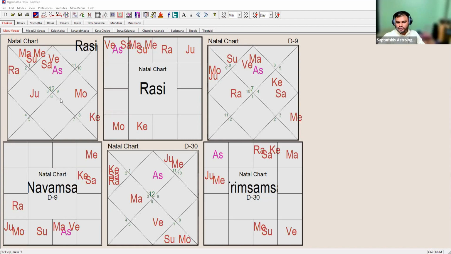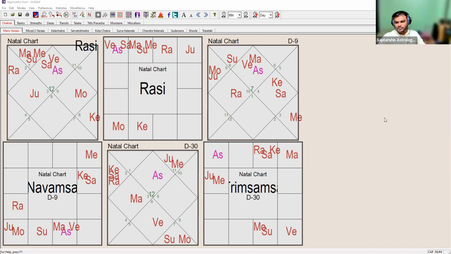Moon is actually the body. Why? Lagna is the future manifestation of Moon only. The basic structure of the body is due to Moon. How? The body is given by mother, not by father.